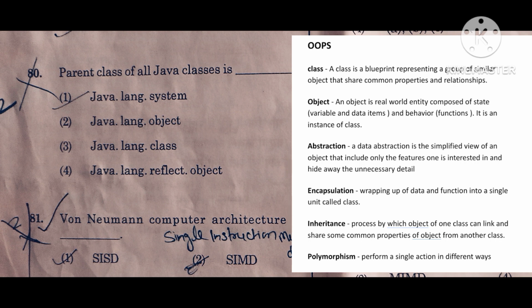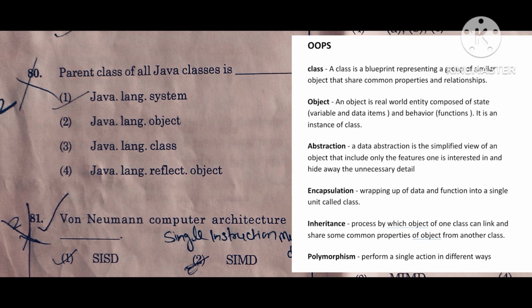Okay, now what is polymorphism? Polymorphism is simply, suppose I am defining a class Shape. So it doesn't specify which type of shape you are talking about, whether it is a rectangle, triangle, square or which type. So as per the parameters, it defines which type of shape this is.